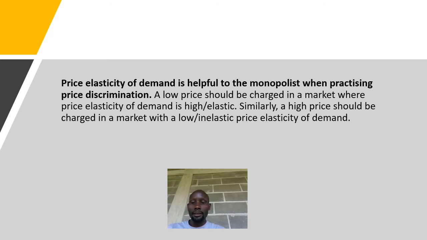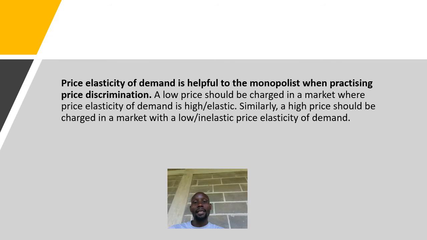So if you are selling a commodity, you have to know that when you are going to sell to low income earners, you have to charge a low price, and if you are going to sell to high income earners, you may charge a higher price. So monopolists use this as a way of generating more income by separating markets where the low income earners buy and where high income earners buy.